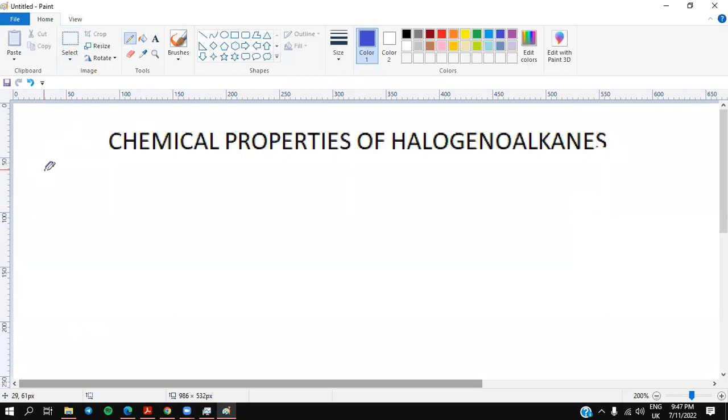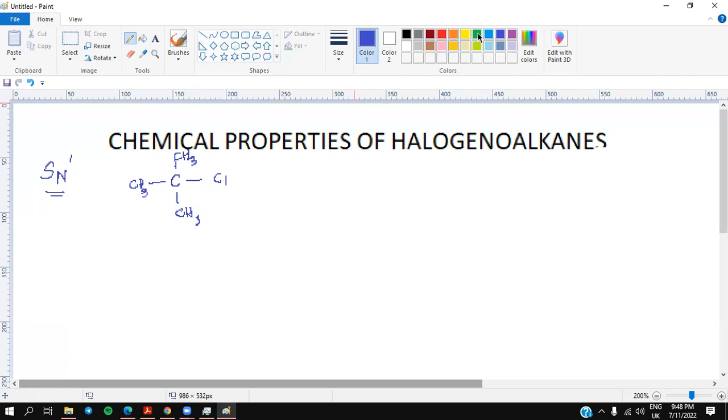Let's see how the Sn1 reaction mechanism occurs. To discuss this reaction, I will use a halogenoalkane having a chlorine atom on one side, and let's say I'll make it CH3 here, CH3 here, and CH3 here.